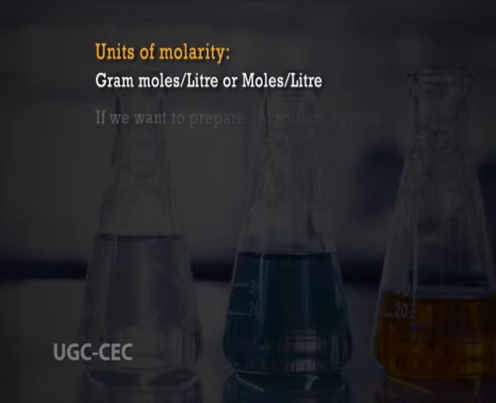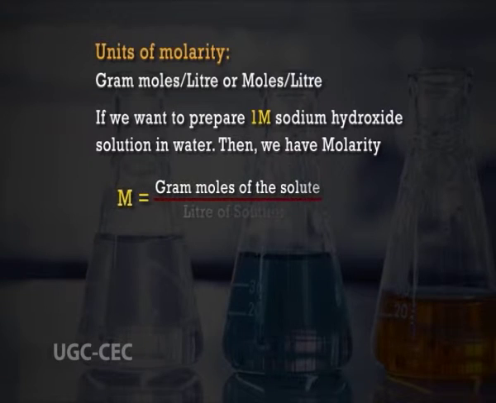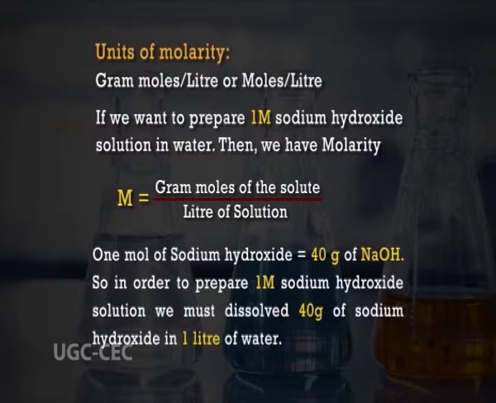For example, if we want to prepare 1 molar sodium hydroxide solution in water, then we have molarity M equal to gram moles of the solute divided by liters of solution. But 1 mole of sodium hydroxide is 40 gram of sodium hydroxide.